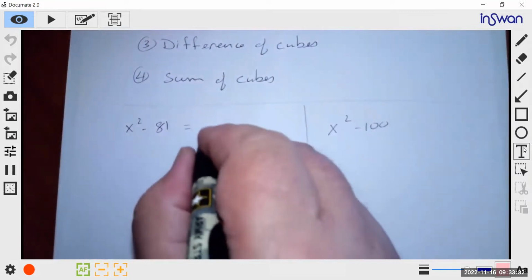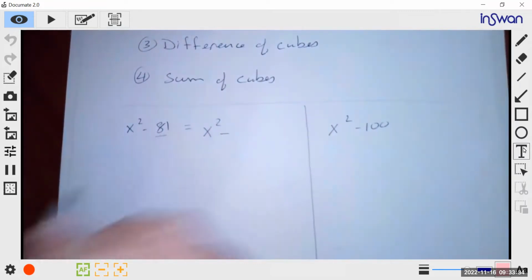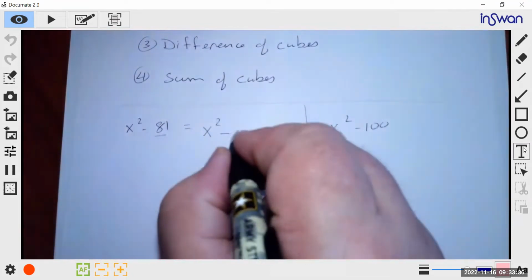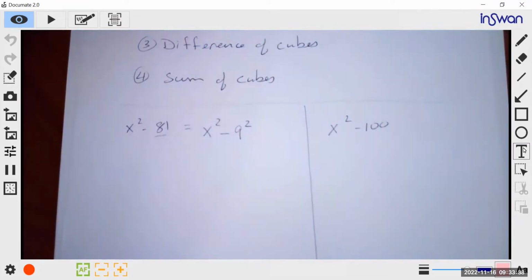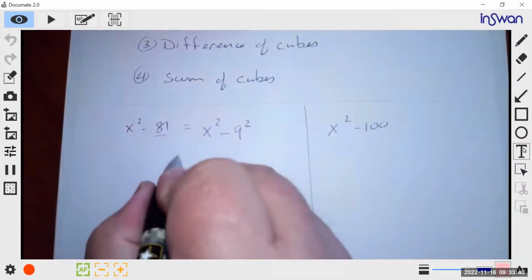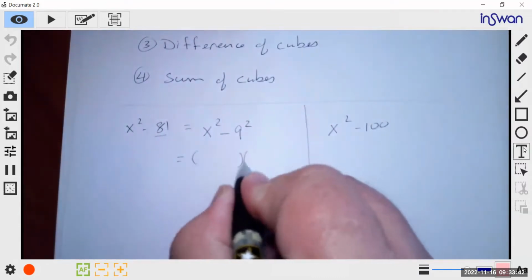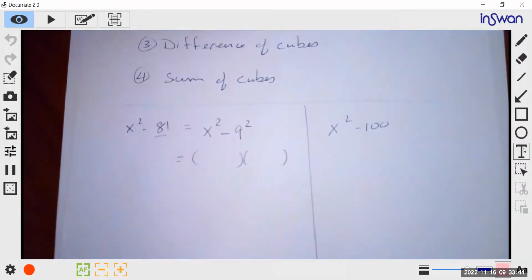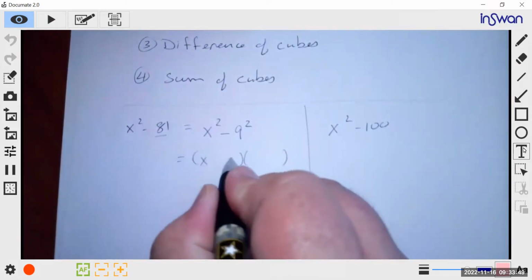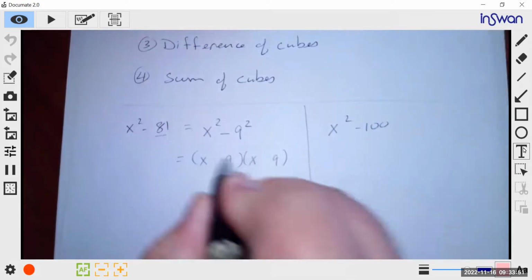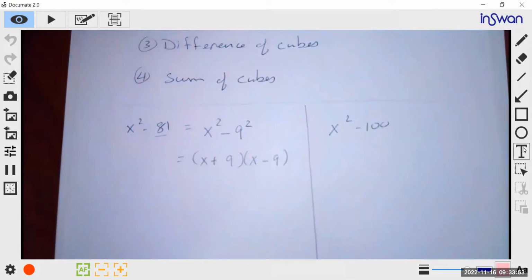Check. Is the second number a perfect square? Now, if that's the case, then we put x 9, and just different signs. And we're done.